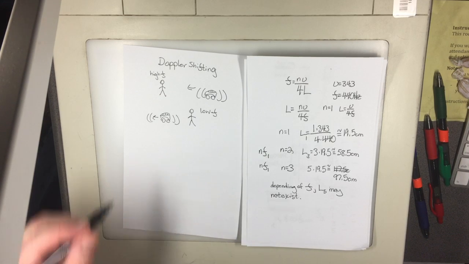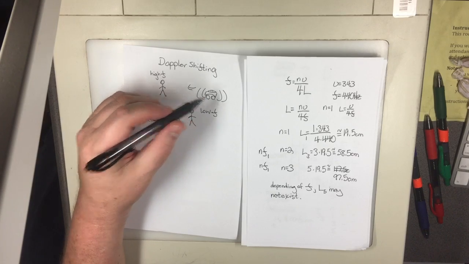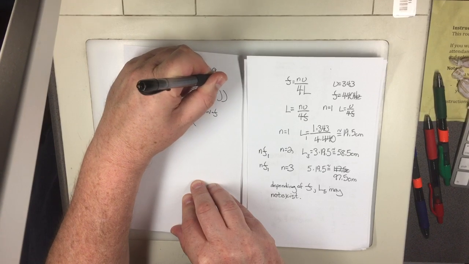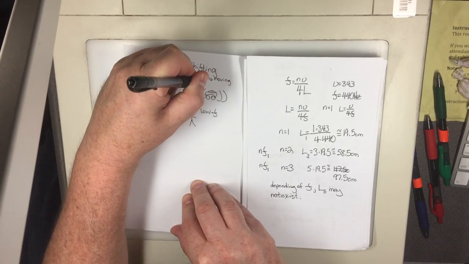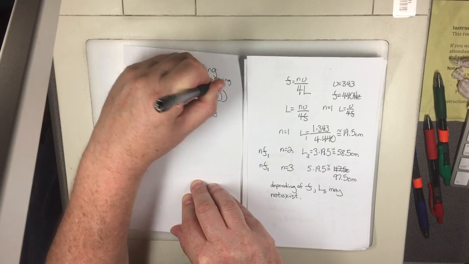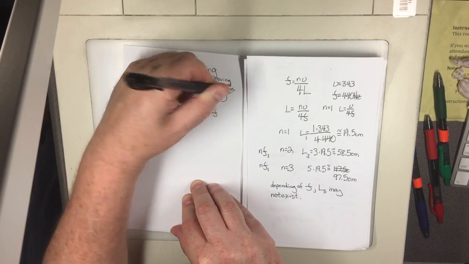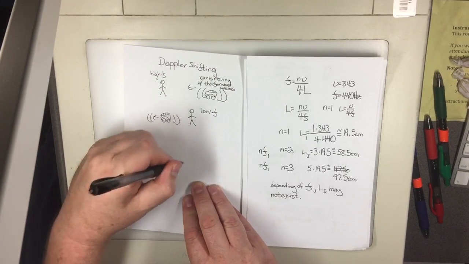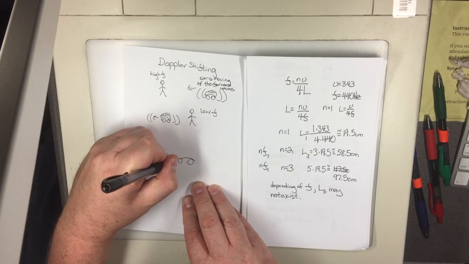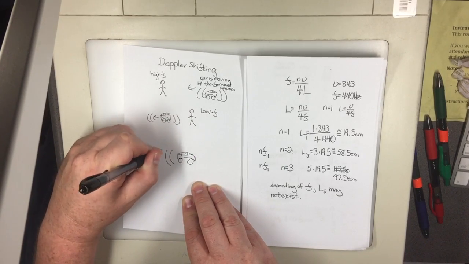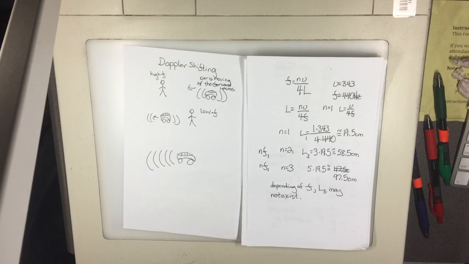So what's happening? In Doppler shifting, the car is moving with the forward waves. So if you were to see the sound waves of a car that's moving in the direction of the sound, they're kind of bunched up because as it's producing the sound, it is moving with them.